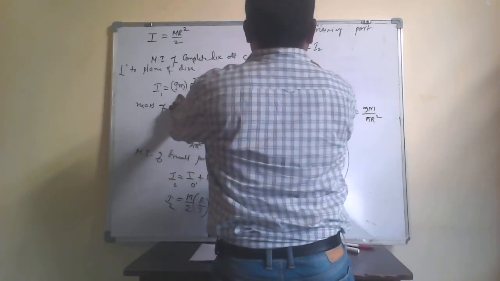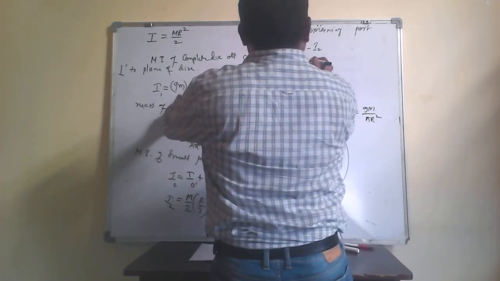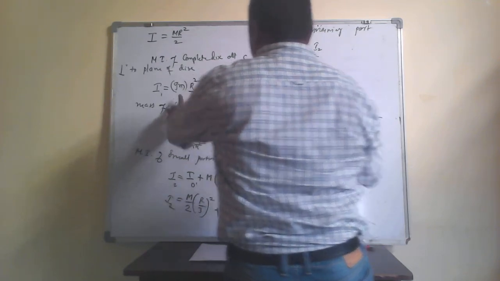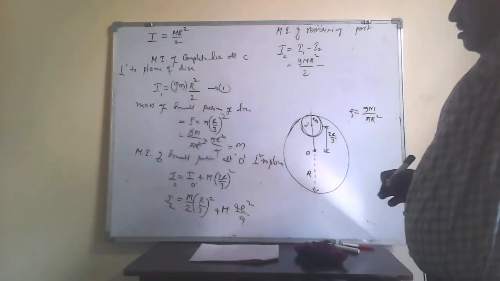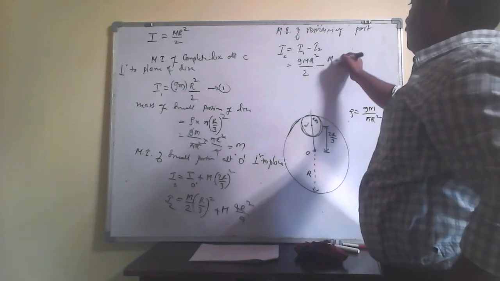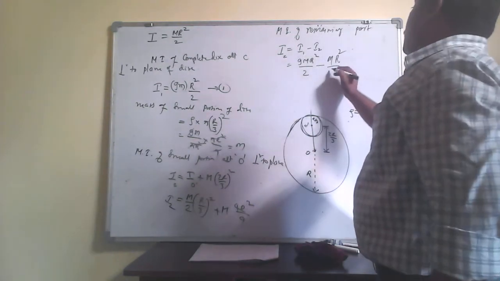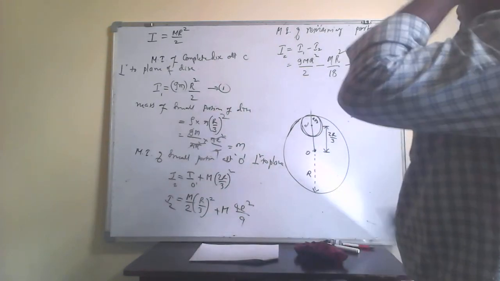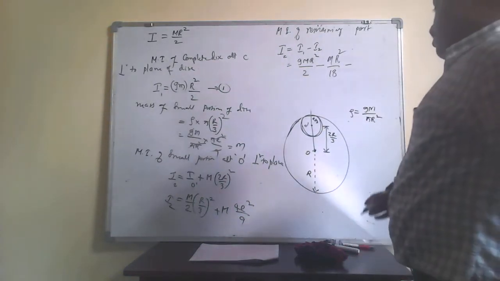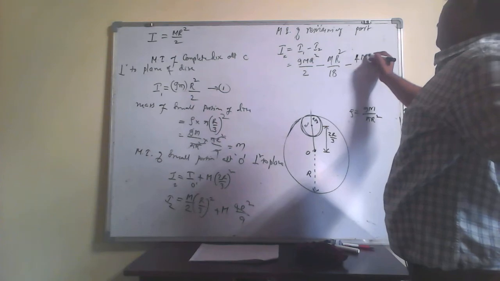I1 is 9 m r square by 2. I2 is m r square by 18 plus 4 m r square by 9, that is 8 m r square by 18.